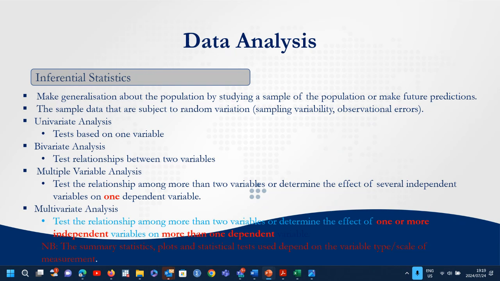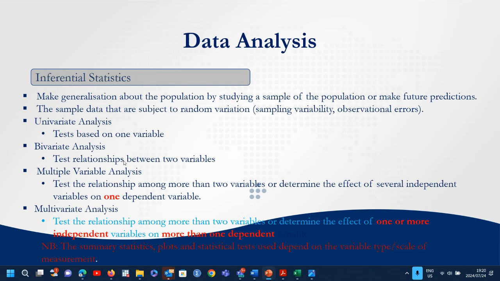So in terms of your analysis for your inferential study, depending on the objectives of your study, you can have many levels of analysis. You can be doing your analysis at a univariate level, meaning you have some hypotheses that are around one variable.